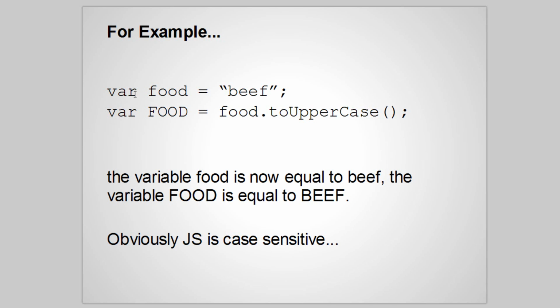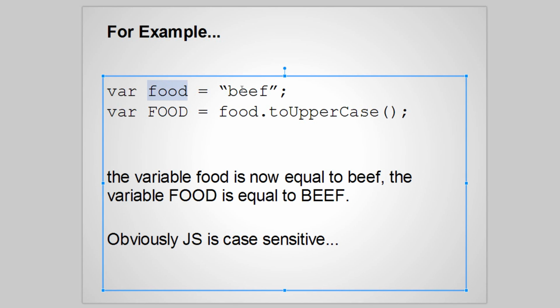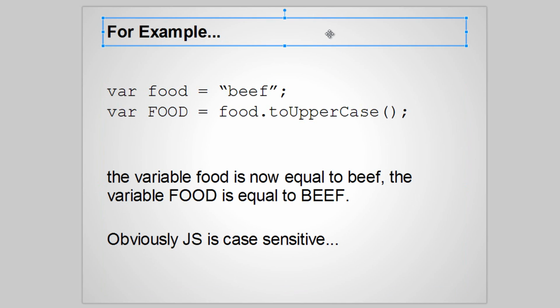So for example, variable food is assigned beef. For the variable food in all capital letters, we can assign food.toUpperCase(). So this is going to take this value, uppercase it, and then assign it to the variable food with all capital letters. So obviously JavaScript is case sensitive.